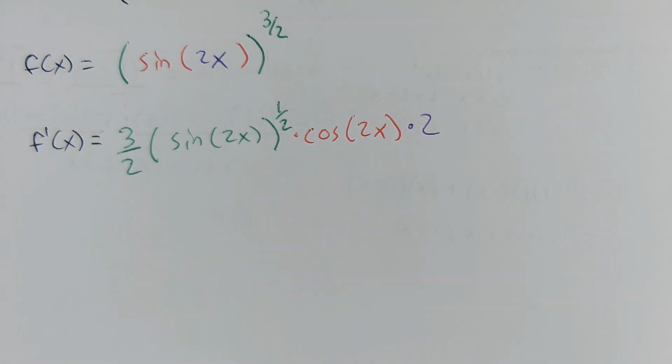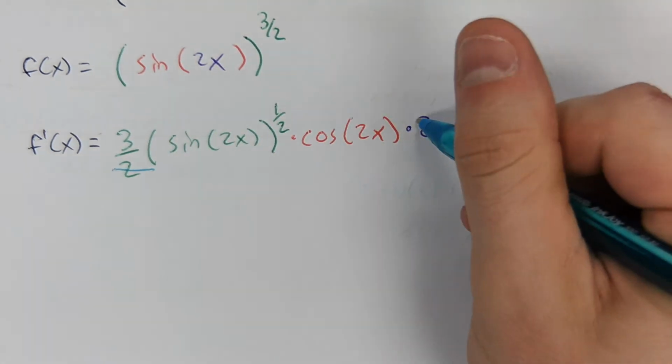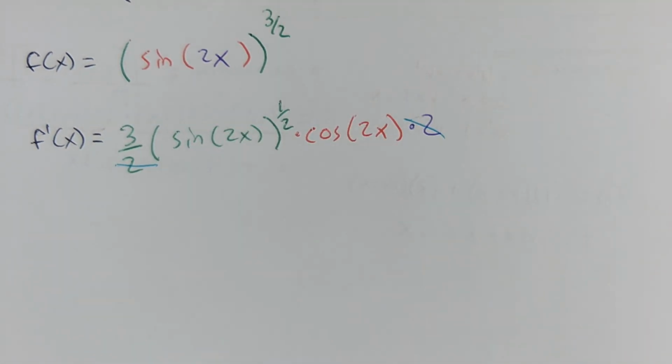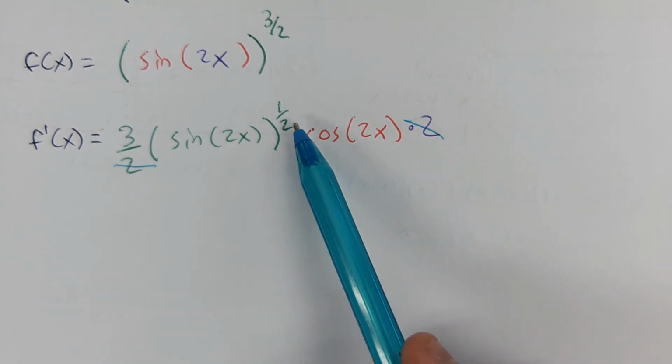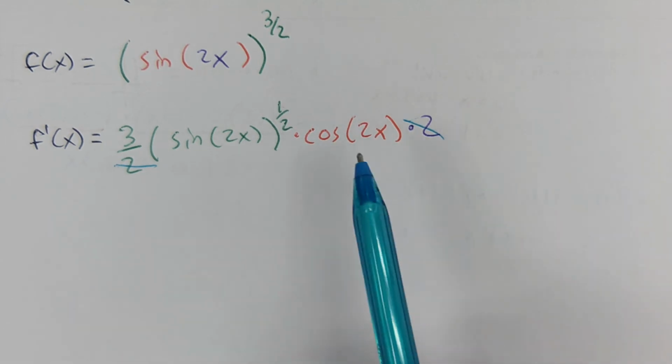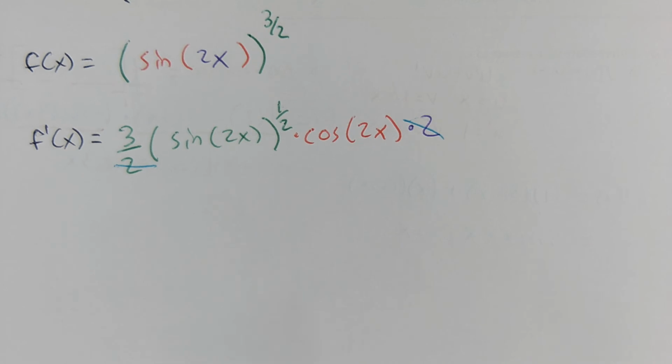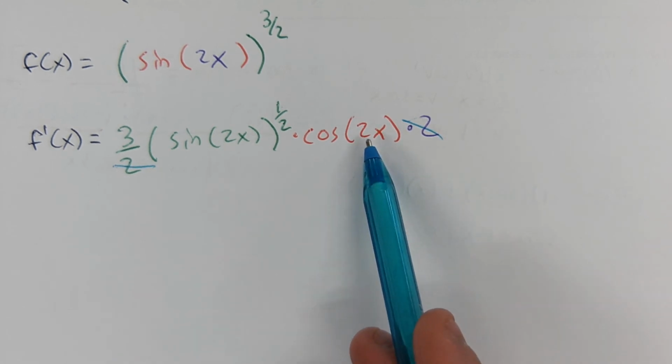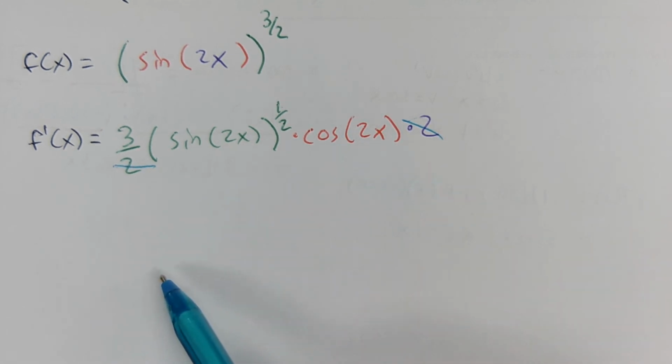I would like to clean this up before I do anything. What I'm seeing right now is a divide by 2 and a times 2 that cancel each other out. This 1/2 power is a square root. Multiplication doesn't care about the order, but I am going to move this cosine of 2x to the front, so nobody thinks it is underneath the square root bar.